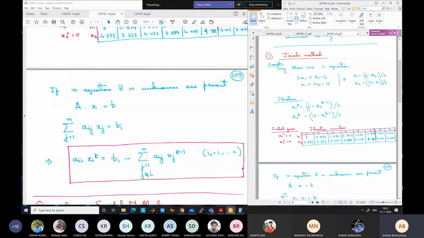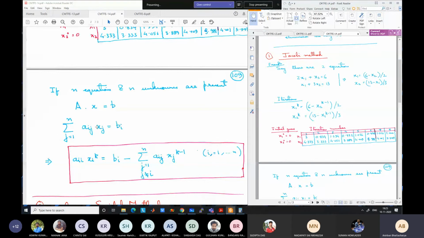So a11 xi k. Where j is equal to i, the coefficient will be aii, so we can write that as aii xi.